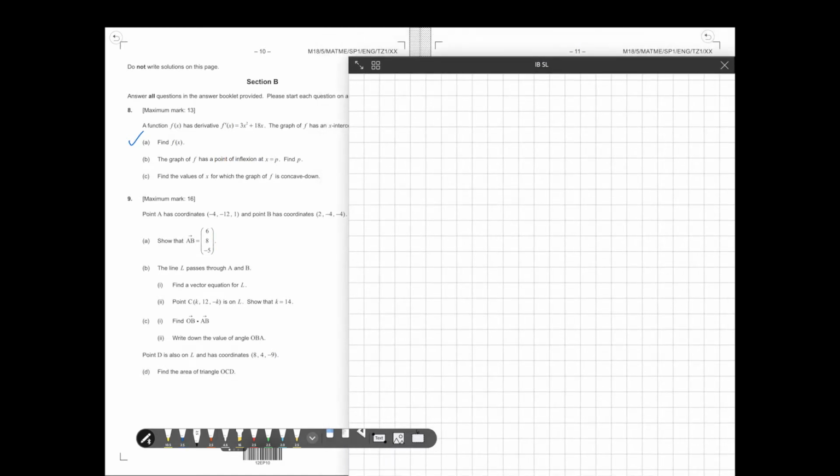So now we have to deal with concavity. Now we have two curves. That's called concave up. Another one is concave down.